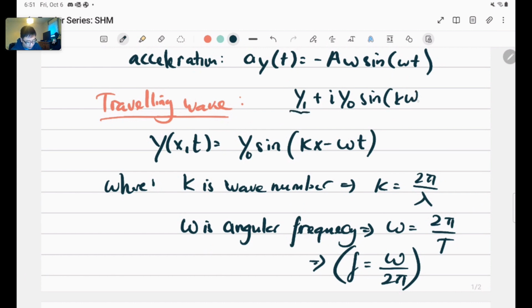It can be cosine, something in there. But all I say is, this one can be written as the imaginary part of the complex number of y(x,t). This is something that I'm more interested in. So this is where I can get to this form right here.